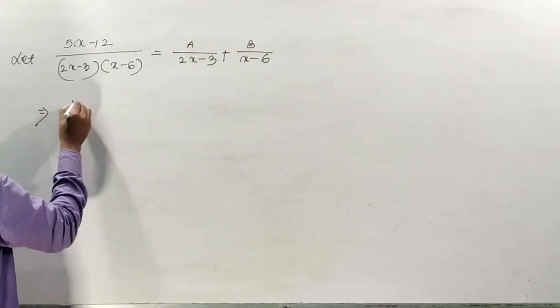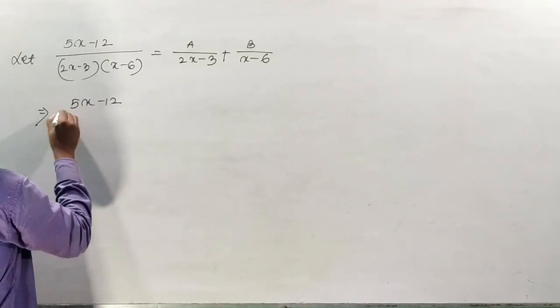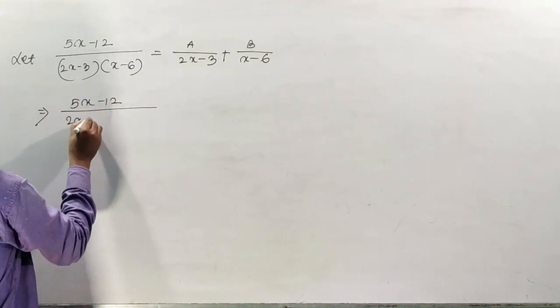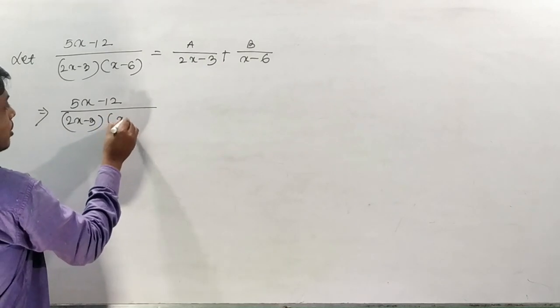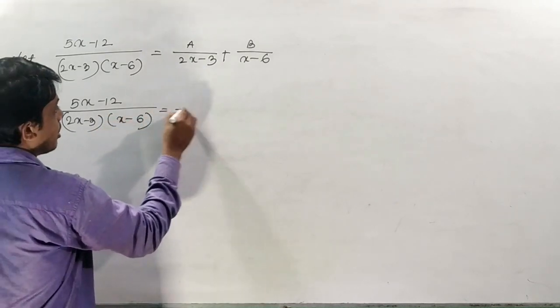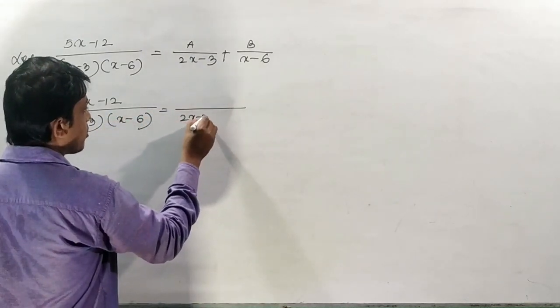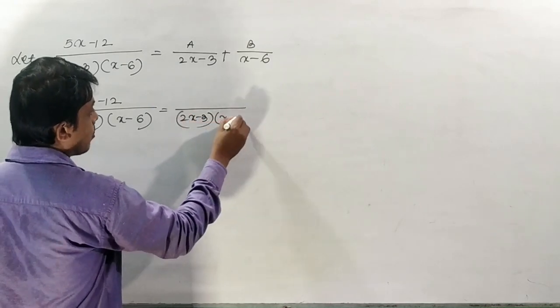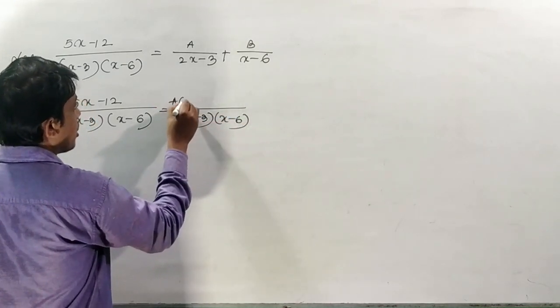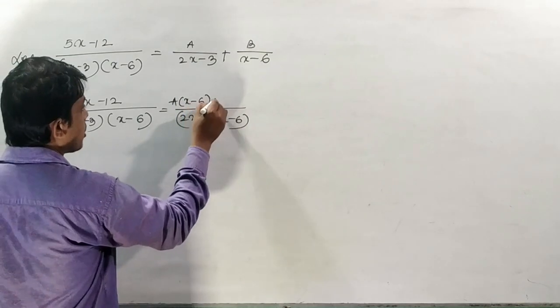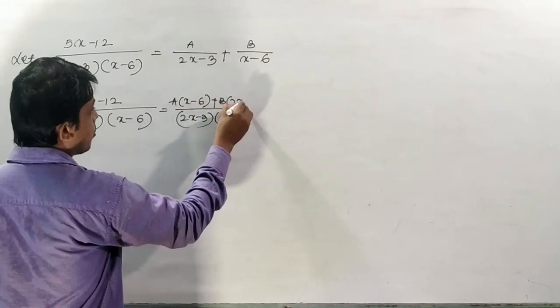Then (5x minus 12) by (2x minus 3) into (x minus 6) is equal to a into (x minus 6) plus b into (2x minus 3), over (2x minus 3) into (x minus 6).